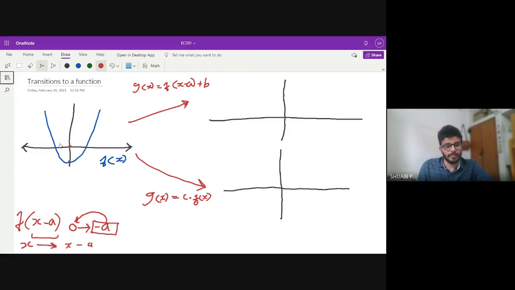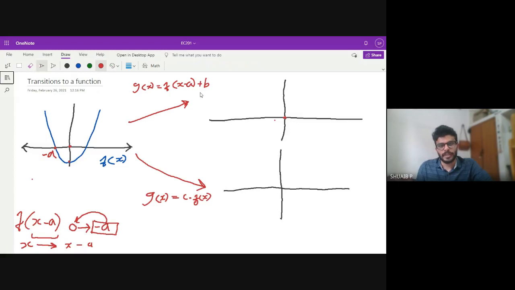And for simplicity, if we assume a to be this point and its image is 0, then if we apply this transformation, the new curve will have 0 as the image of 0, as 0 was the image of minus a for the original curve.